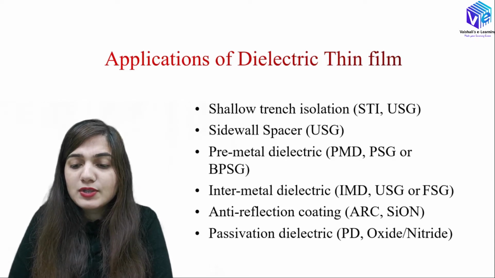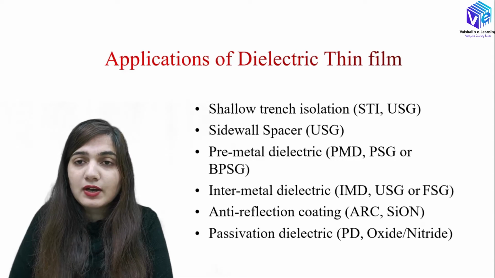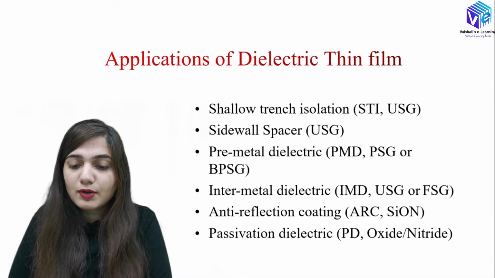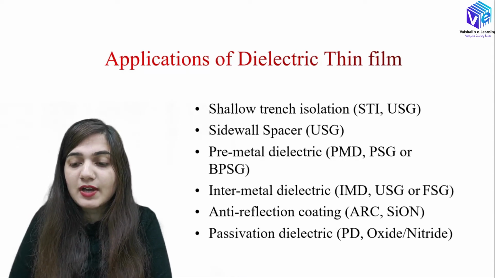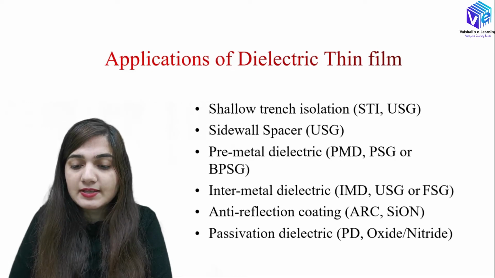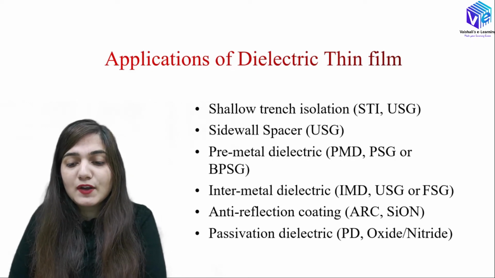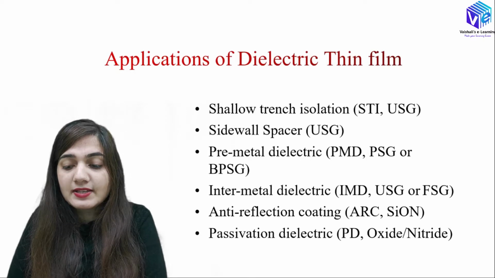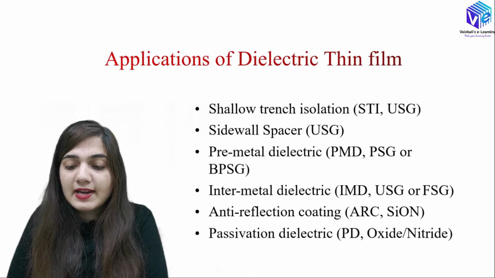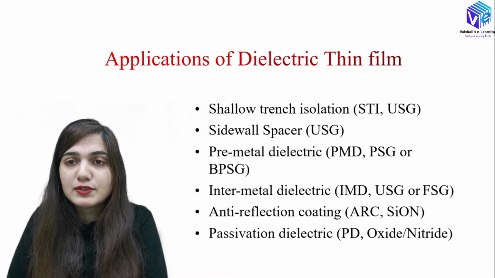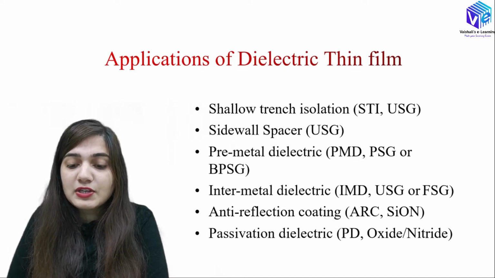Now we are using different types of material for that. For the shallow trench isolation we are using the undoped silicate glass. For the sidewall spacer we are using the undoped silicate glass, and for the pre-metallic dielectric we are using the phosphosilicate glass or the borophosphosilicate glass. I'm going to tell you the significance of each one of them.